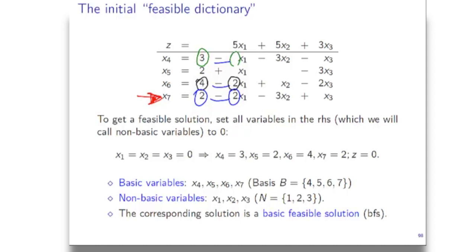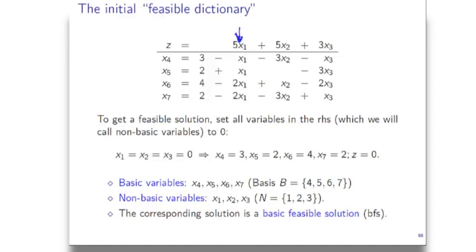All right, so the ratio test determines how much we can increase the variable that we selected for increase, right? But now, what does it mean for our dictionaries and our basic feasible solutions? So remember our agreement, we said that we always set all the non-basic variables to 0, and this way we get the basic feasible solution. When we decided to increase the variable x1 here, now it will be non-zero, right?